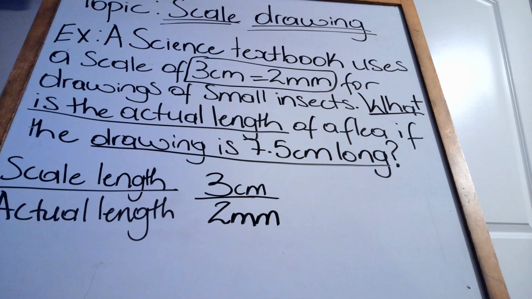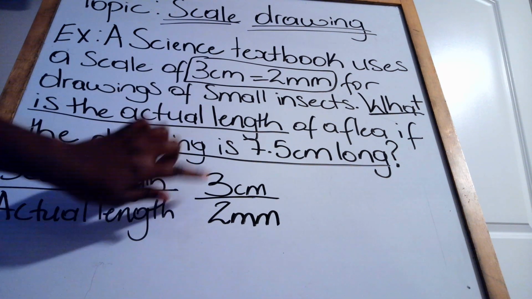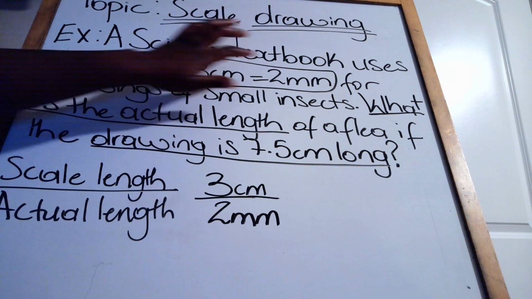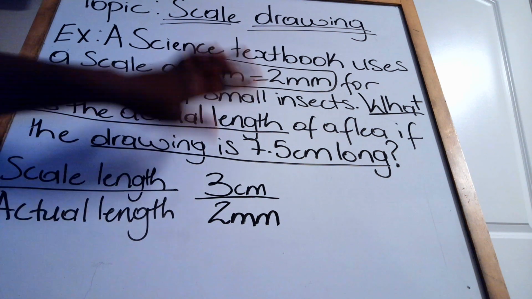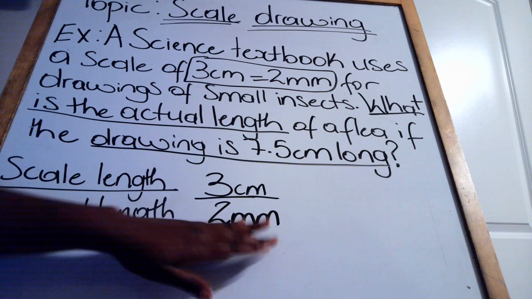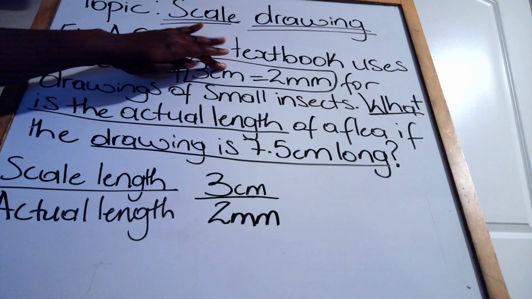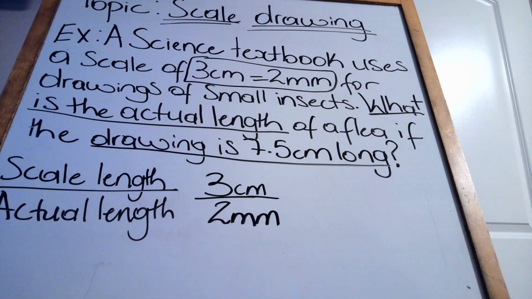So 3 centimeters is the first term, in our numerator. That is the scale length. 2 millimeters goes in the denominator, that's our actual. So the first term is always the scale, and the second term is always the actual when given a scale.